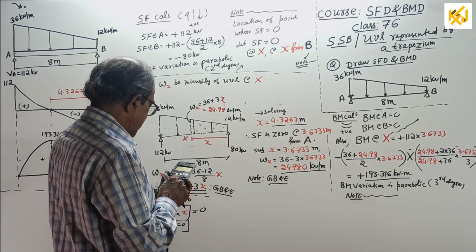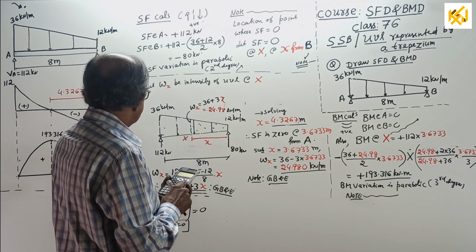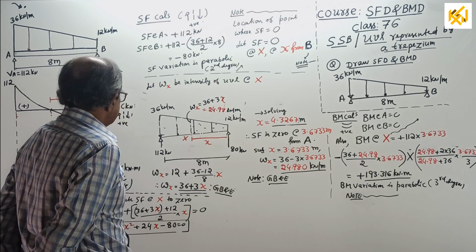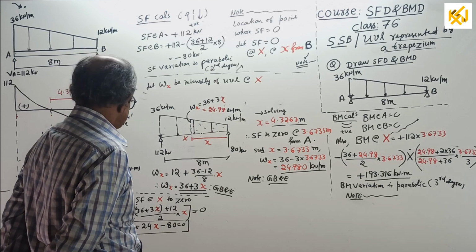I'm getting 2.83. No, something went wrong now. We'll check once again now. Minus 80 plus 36 plus 3x.